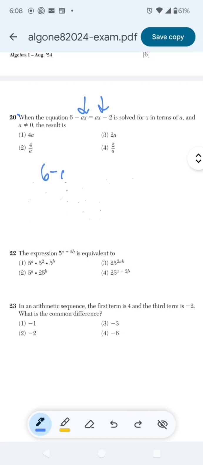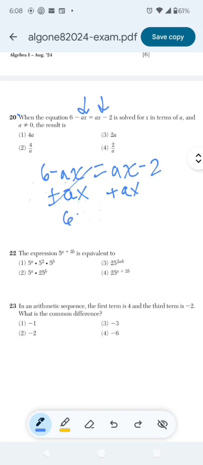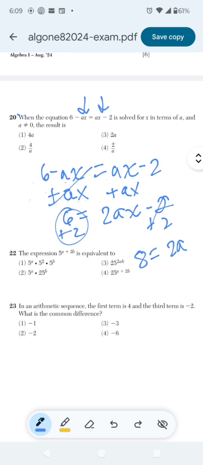So we have 6 minus 8x is equal to ax minus 2. You want to get all your like terms on the same side, right? So I'm going to go ahead and make this positive and move it to the right side. This goes away. I'm left with 6 is equal to 2ax minus 2. Go ahead and move your 2 over here. This is going to give me 8 is equal to ax. I want to get x by itself, so I need to separate.